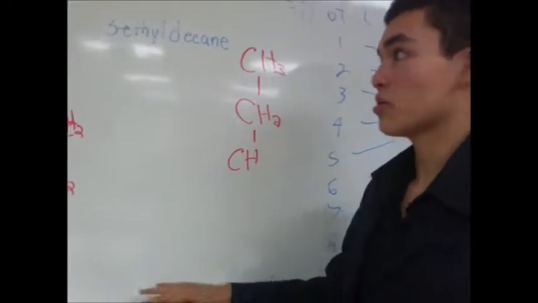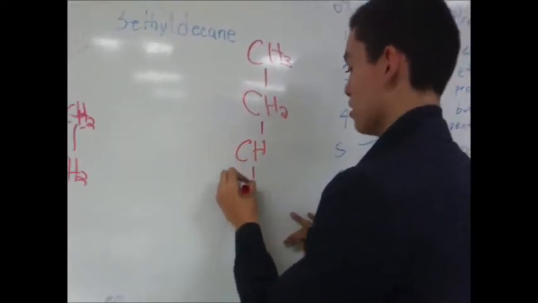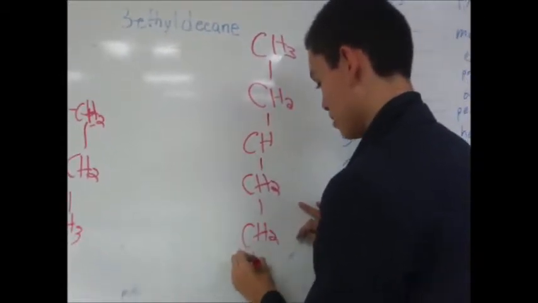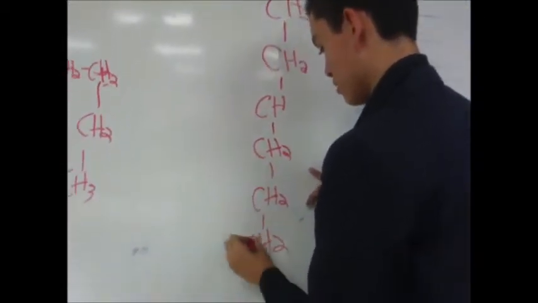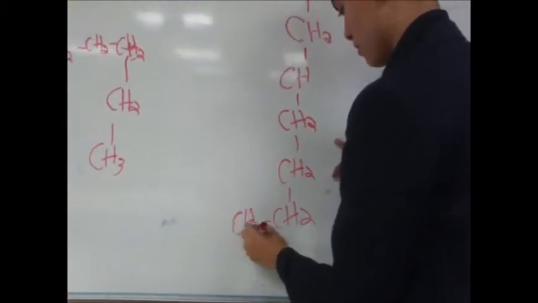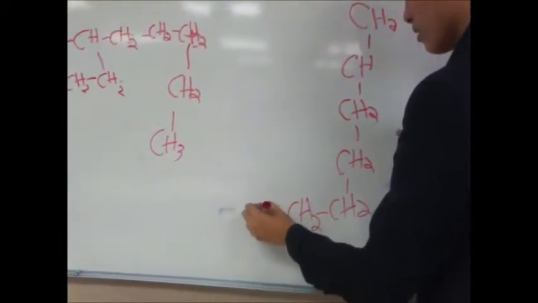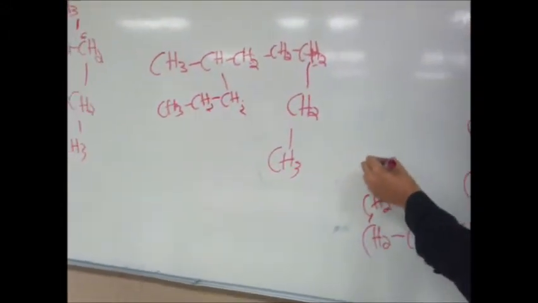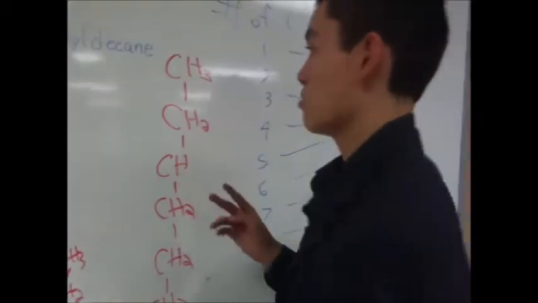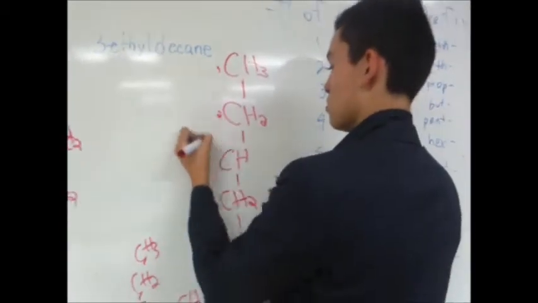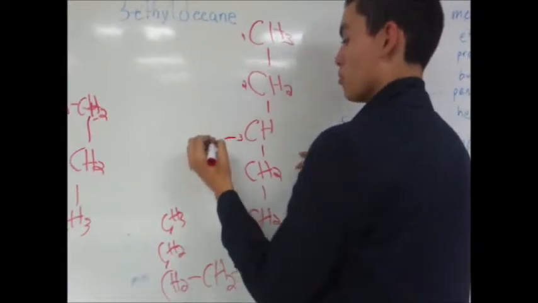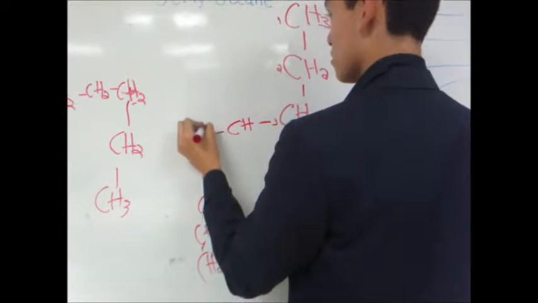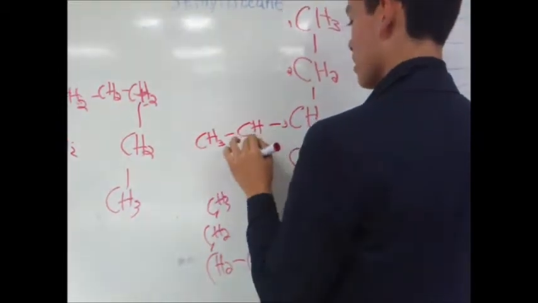Meanwhile, I complete the other carbons: 1, 2, 3, 4, 5, 6, 7, 8, 9, and finally 10. And this prefix means that there are 2 on carbon number 3. 1, 2, 3. So I will put CH3 and CH.